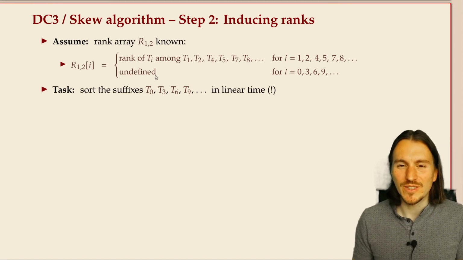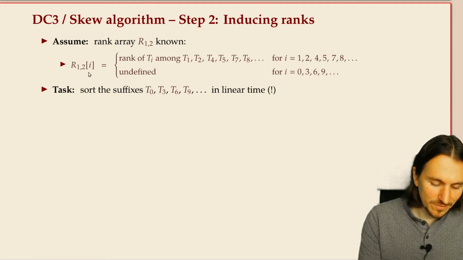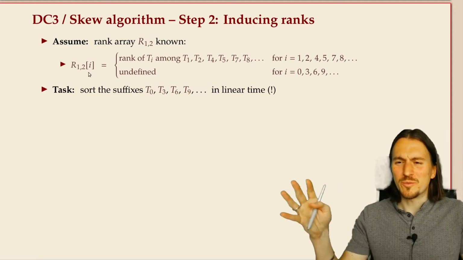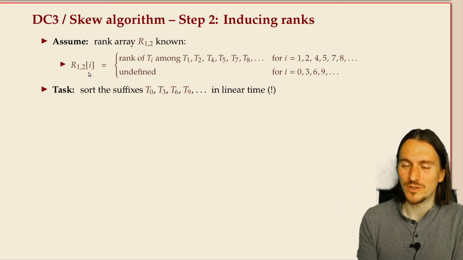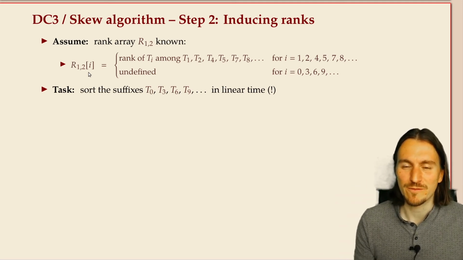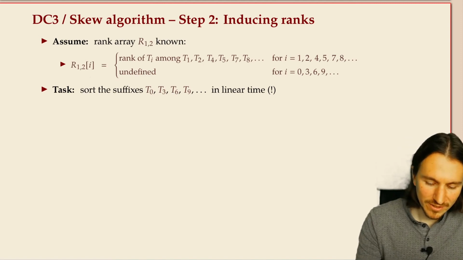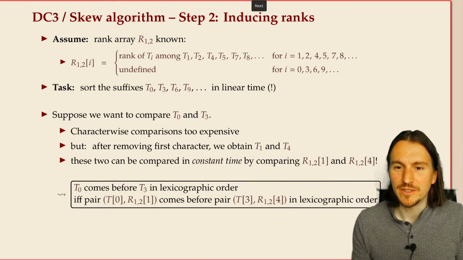So what that says is just we spread out the array so that it doesn't use the indices at positions that are multiples of 3. That just makes the notation convenient.